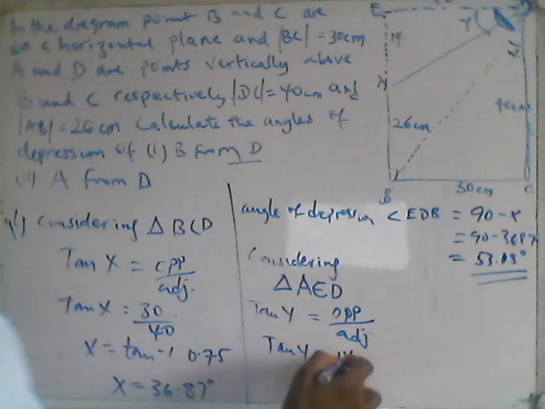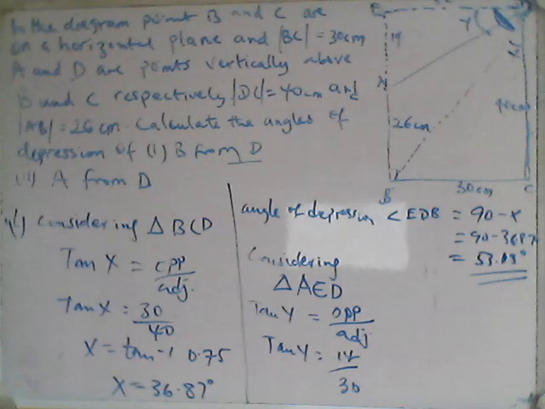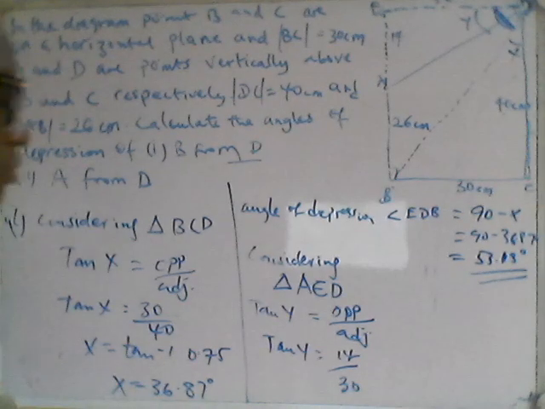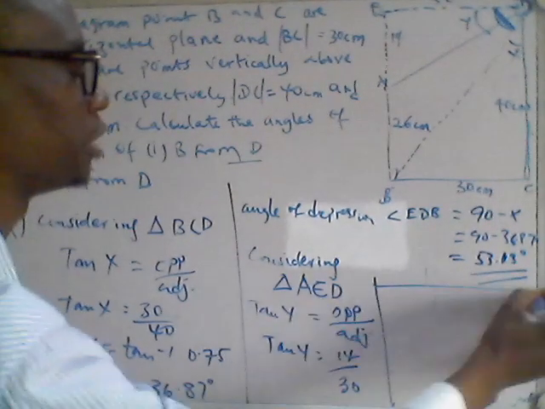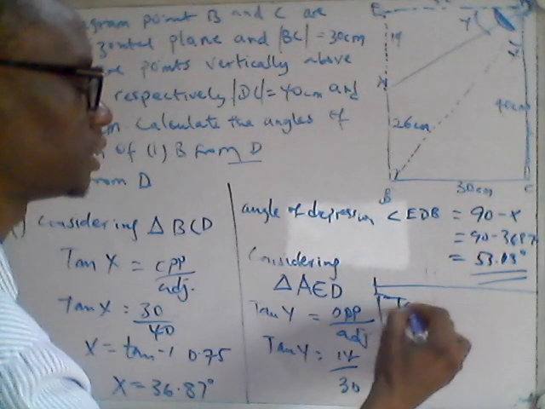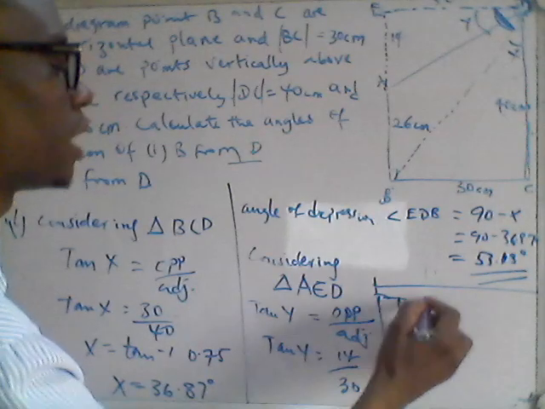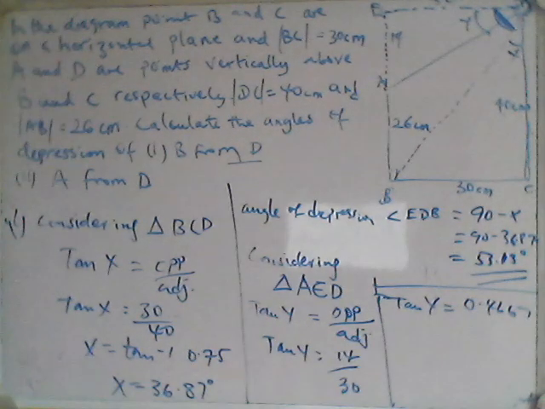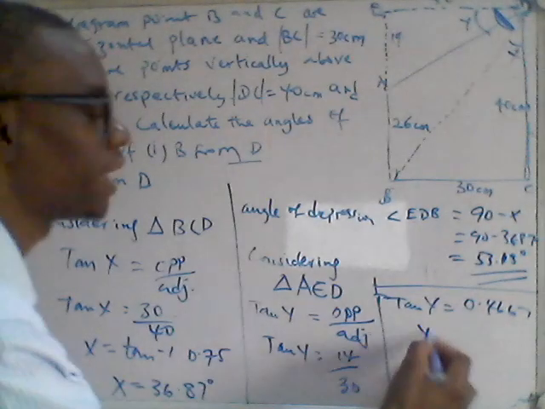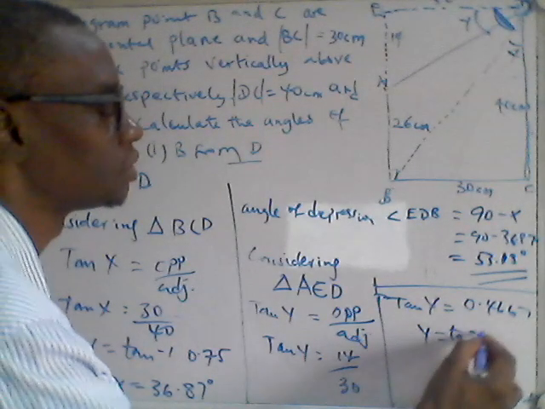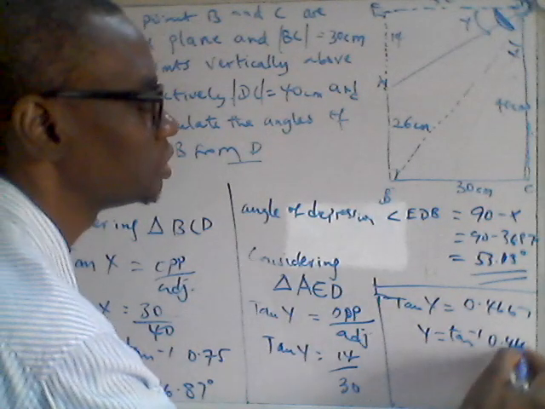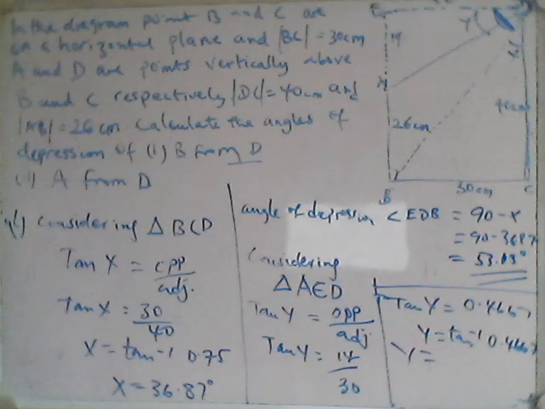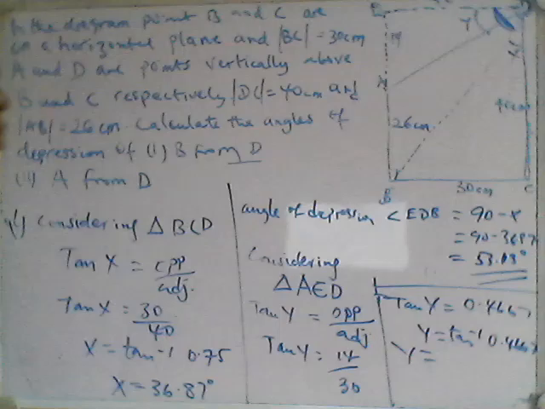So the ratio of 14 and 30 will give me 0.4667. Alright? So having gotten that, Y is equal to the tan inverse of 0.4667. So when I complete that, Y will now be approximately 25 degrees.